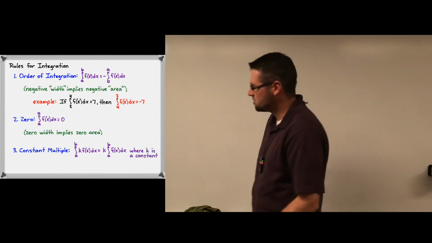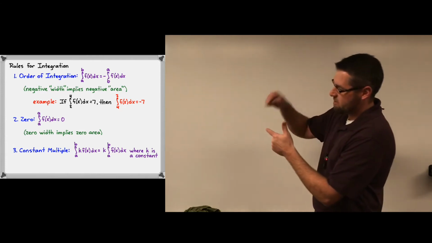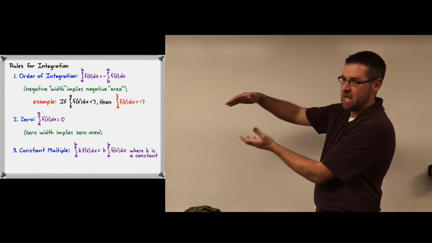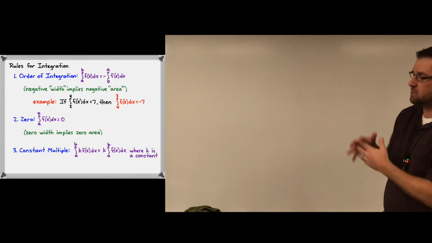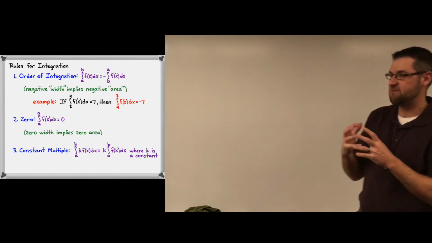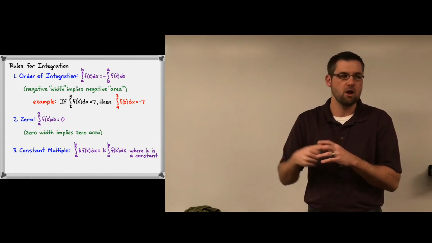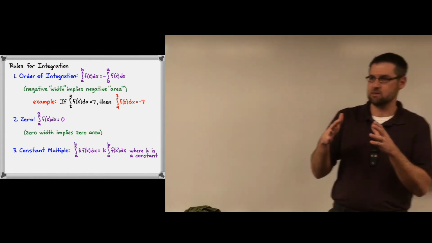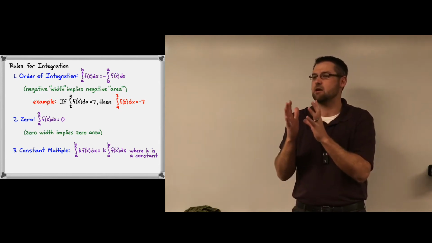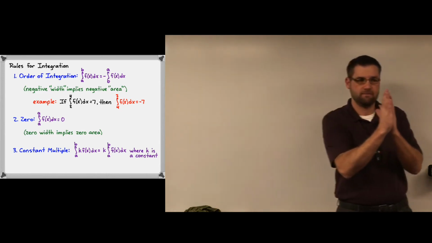All right, constant multiple. If I'm taking the integral from a to b of a constant, so k is a constant in this case, times a function, dx, that is the same as factoring out the k altogether. Remember, the idea of approaching the exact area was to slice into rectangles, right?